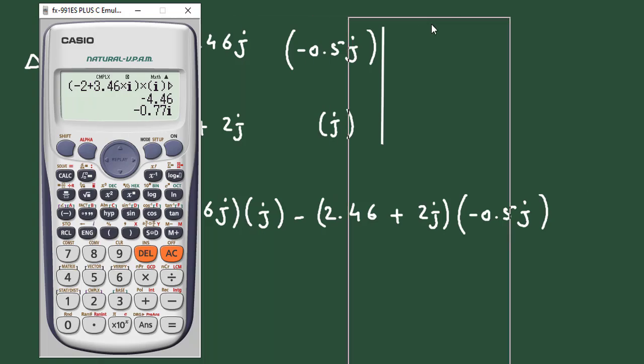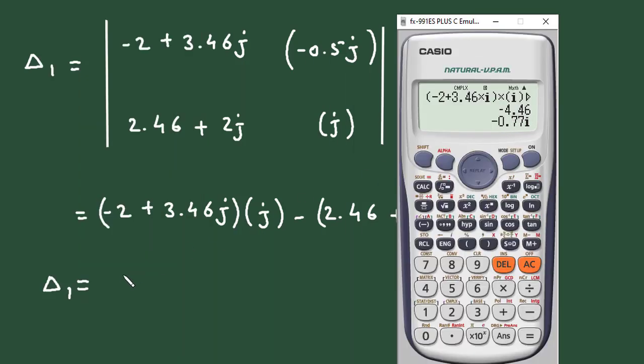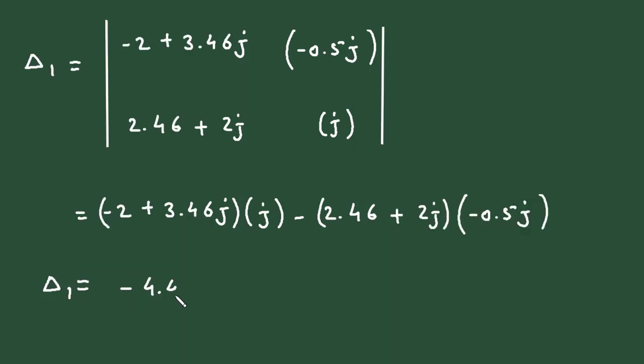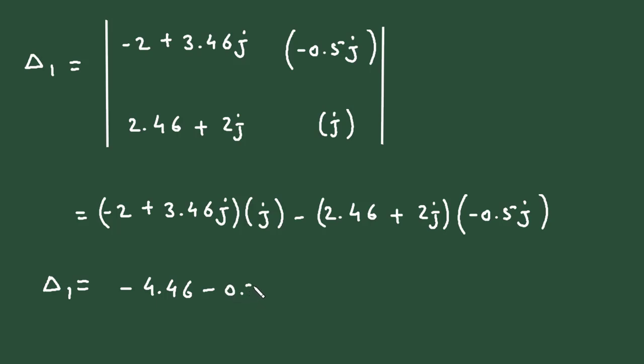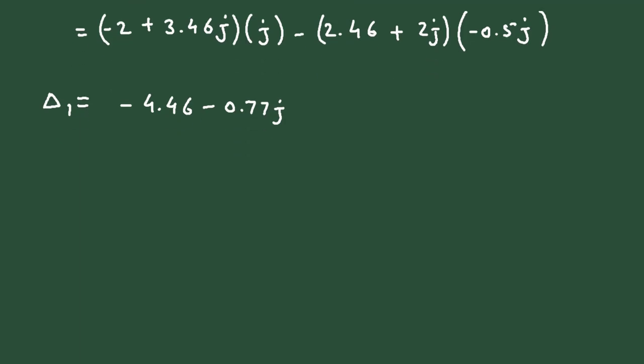So it is equal to minus 4.46 minus 0.77 j minus 0.77 j. So this is the value of delta 1.